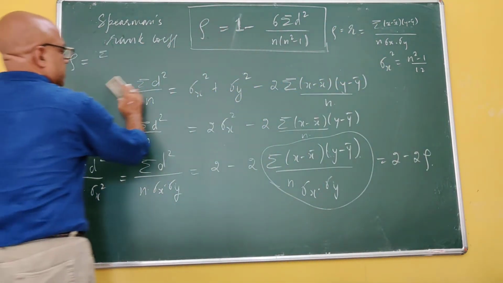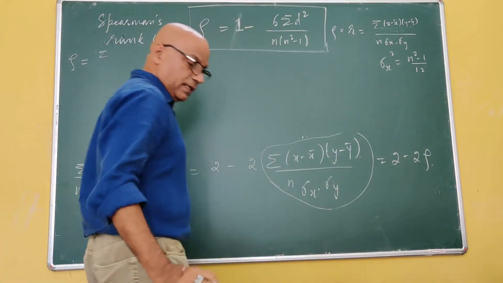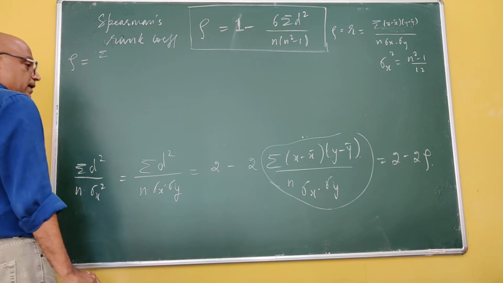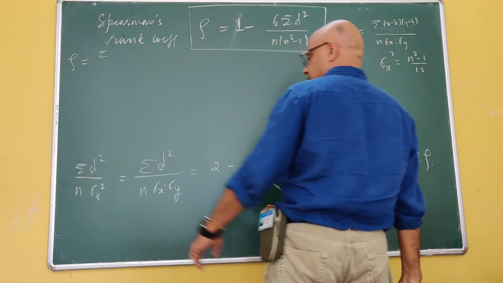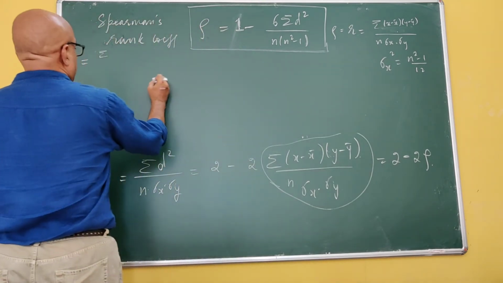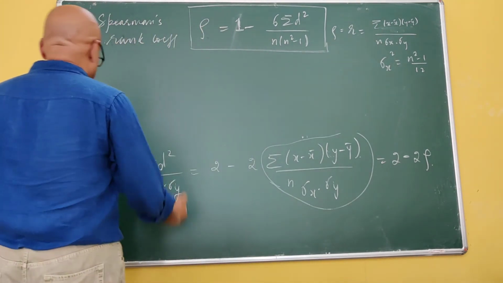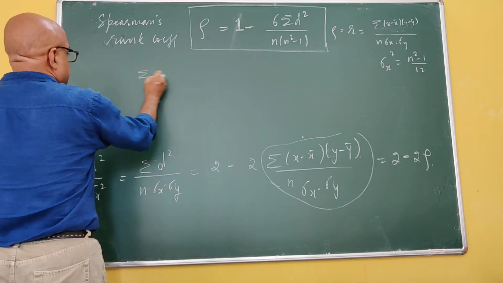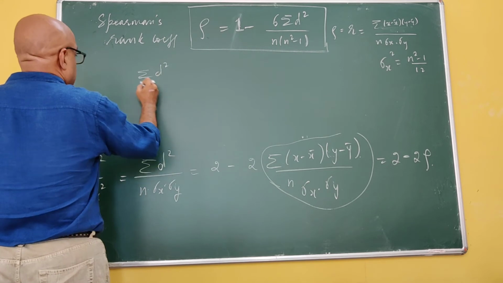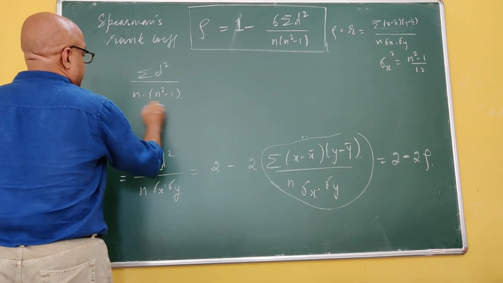So if sigma x square becomes n square minus 1 divided by 12, I'll repeat this quickly for you. What you get is summation d square divided by n times n square minus 1 divided by 12.